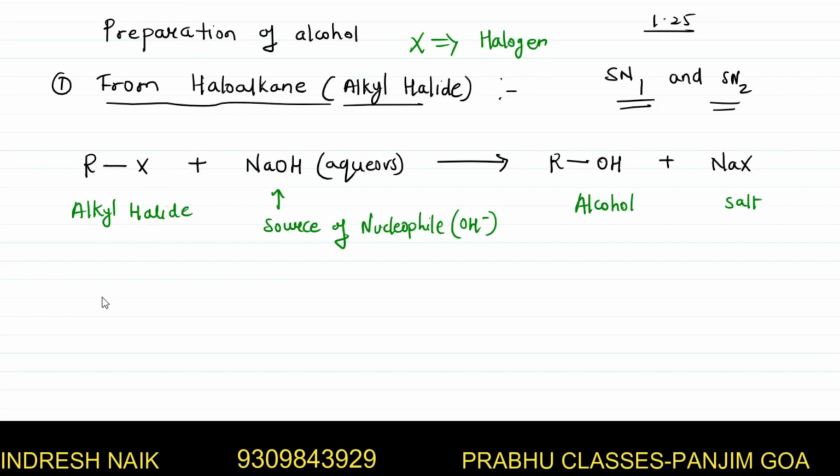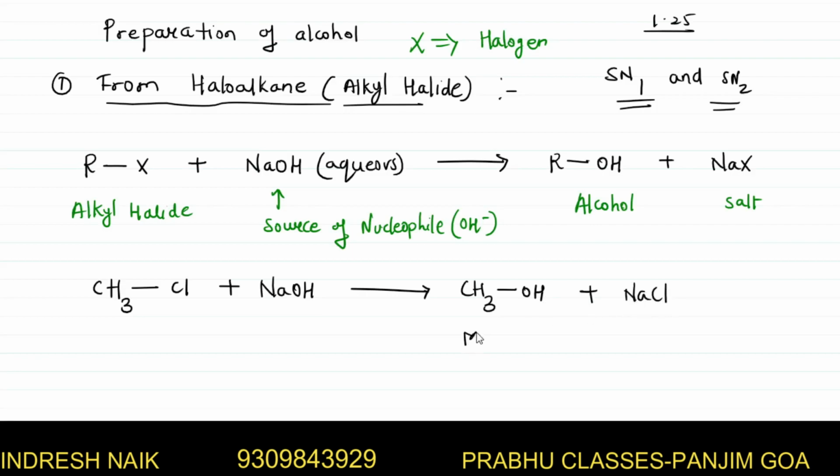The meaning of this: if you take a methyl halide, or chloromethane, and react this with NaOH, the compound you are going to get is CH3OH plus NaCl.